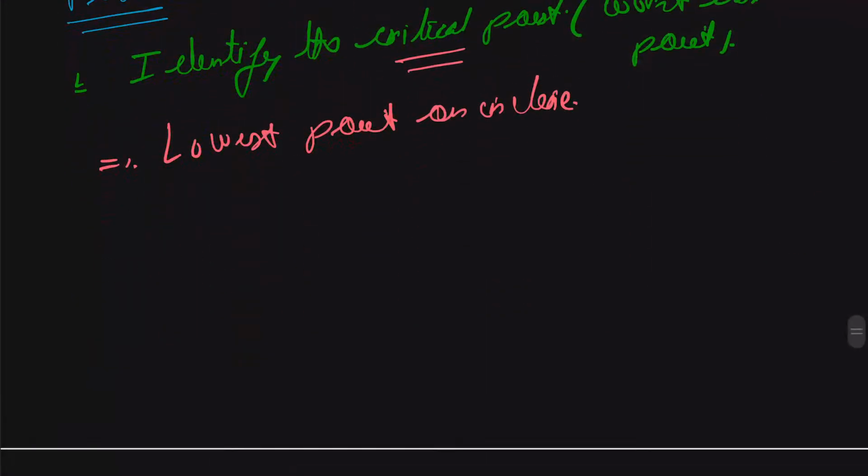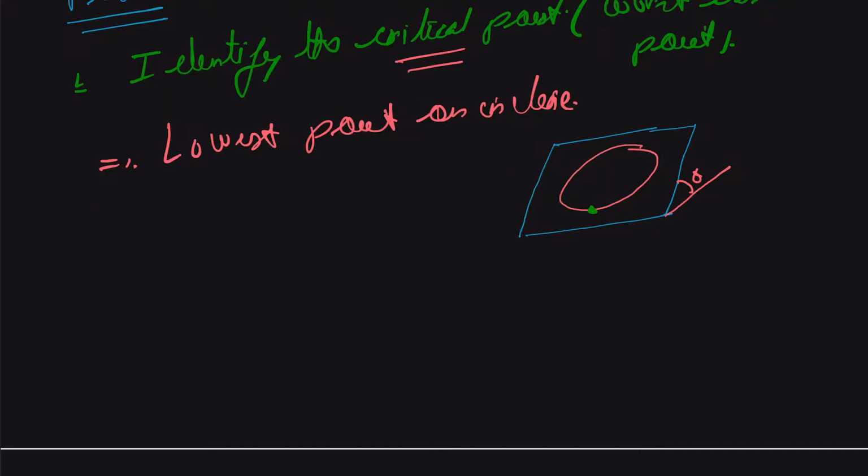We can just draw once more here. We know that our mg will be in the downward direction, and its components are mg sine theta as well as mg cos theta.